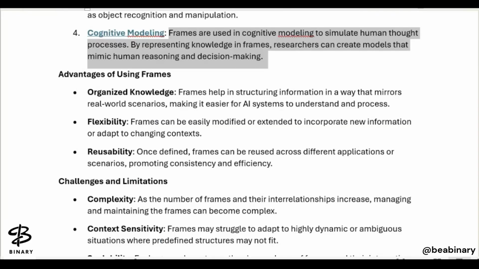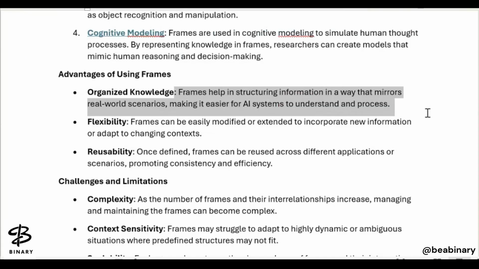So when we are talking about frame-based systems, we are talking about organized knowledge, flexibility, and reusability. Frames help in structuring information in a way that mirrors real-world scenarios, making it easier for the AI system to understand and process.